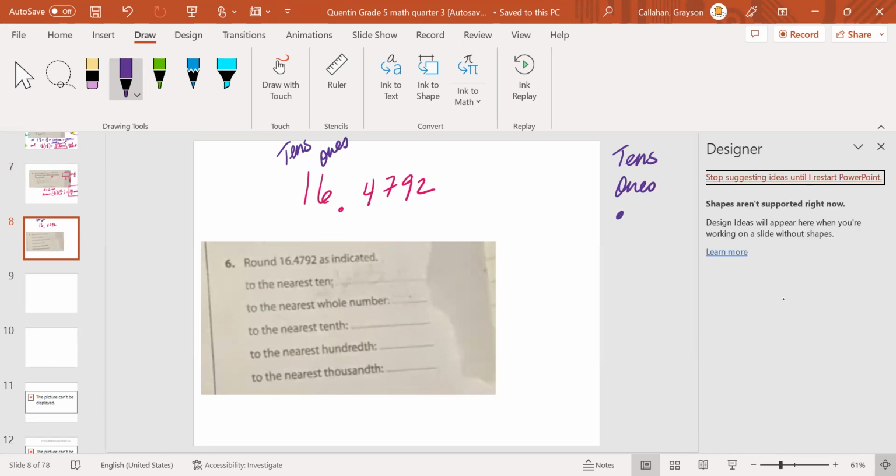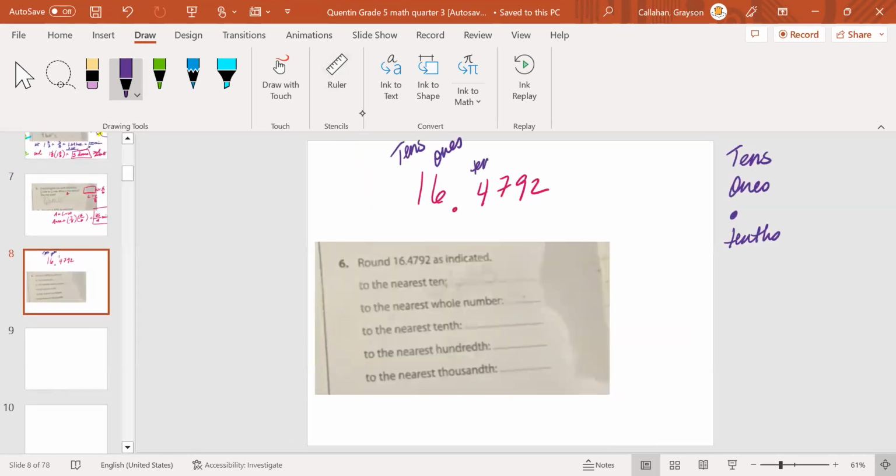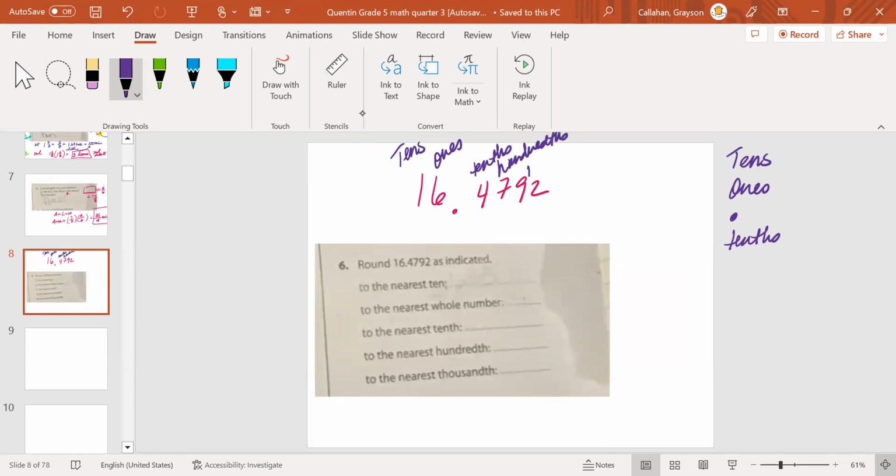Okay, after the decimal, then you have tenths. Which one's that? Yep. Which one's the hundredths? Yep. Next. And?